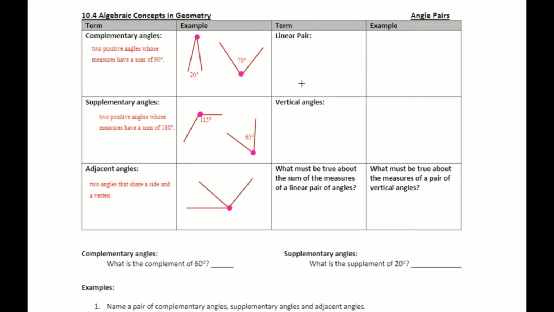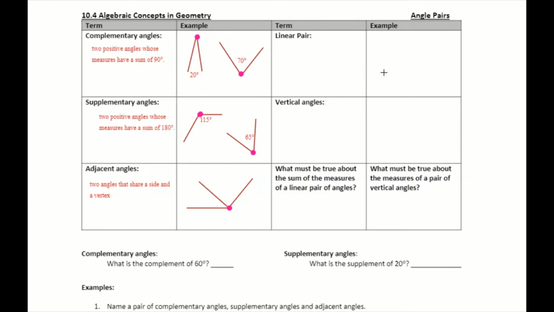A linear pair is what you get when you sort of mix the supplementary angles with the adjacent angles. So if you have adjacent angles, so they share a vertex and a side, whose sum is 180, you have what is known as a linear pair.